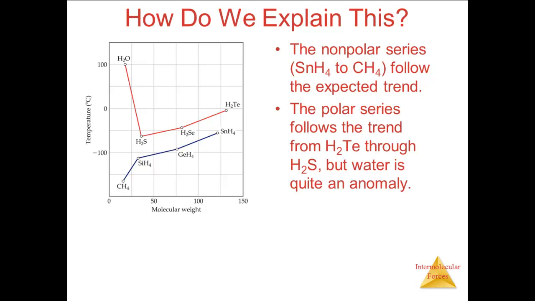But the polar series, H2O, H2S, H2Se, and H2Te, has an anomaly. Water's boiling point seems abnormally high. If we look at similar series for hydrogen compounds with the halogens and with group 15, we see similar anomalies for NH3 and HF. What's going on?